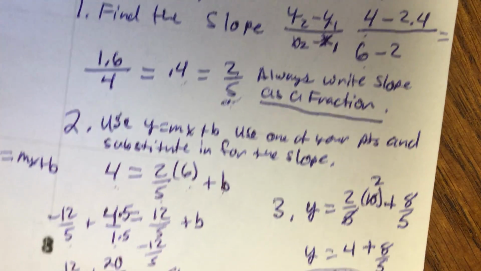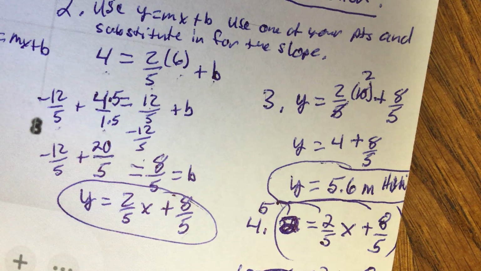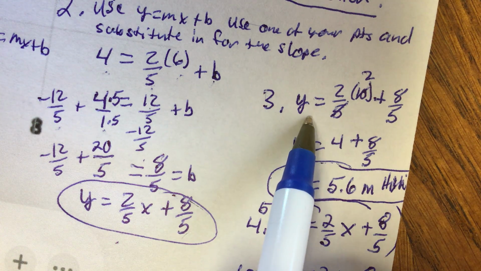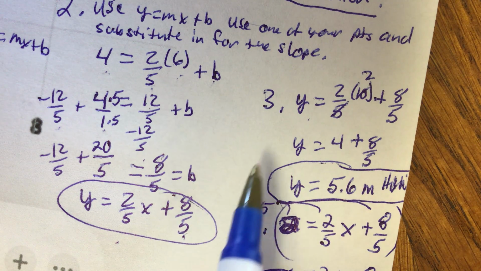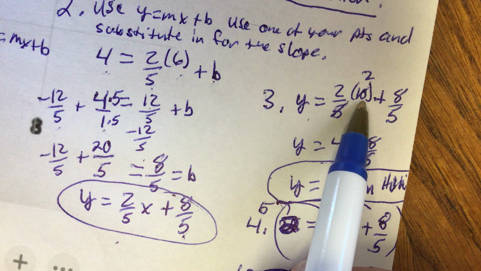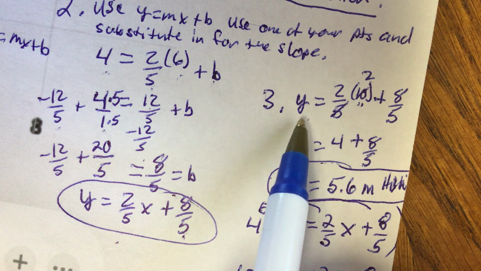We're going to go back and use the same equation that I just found in question 2 to answer question 3. So I'm using y equals 2/5 x plus 8/5. Only this time I'm going to substitute in for x the diameter of the tree, 10, to find the height.